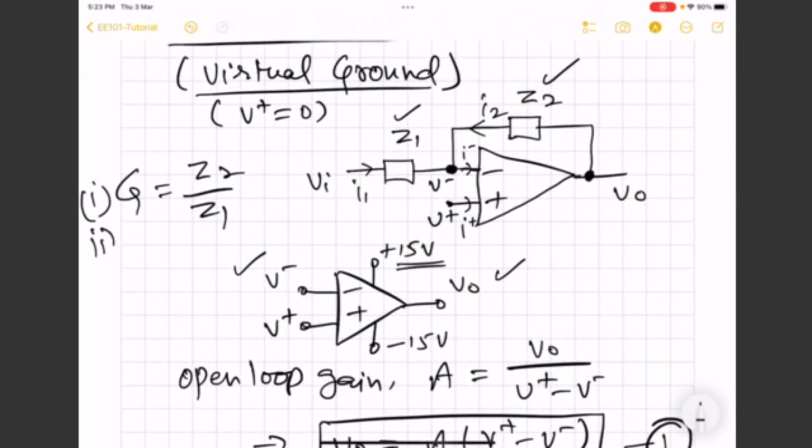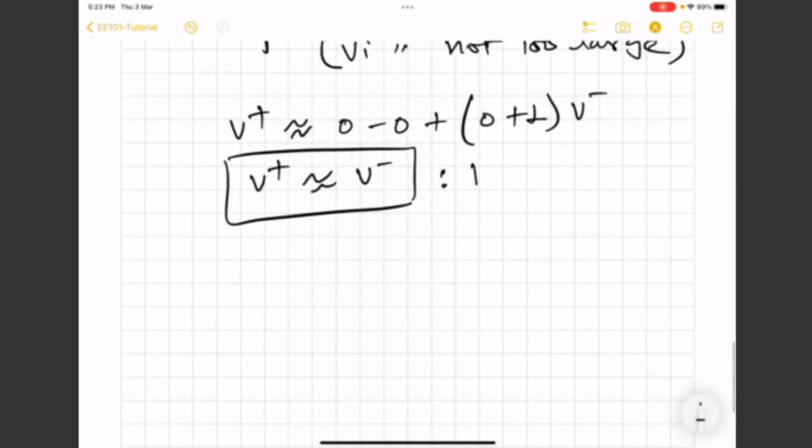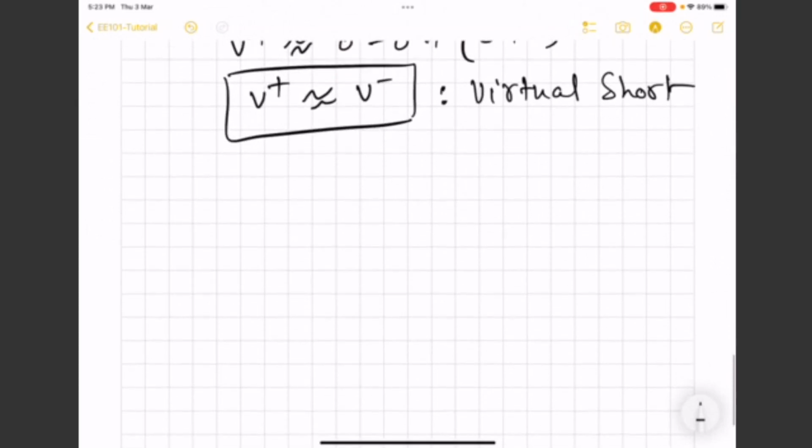Second is a loop, and more precisely, a negative feedback loop. Negative feedback means the output is connected to the negative terminal of the op-amp. Right. So this condition is called virtual short. So as if V plus and V minus are shorted.